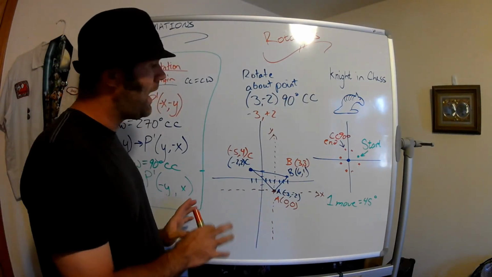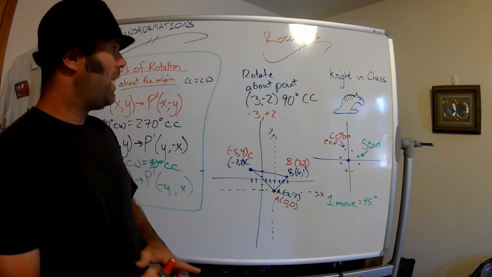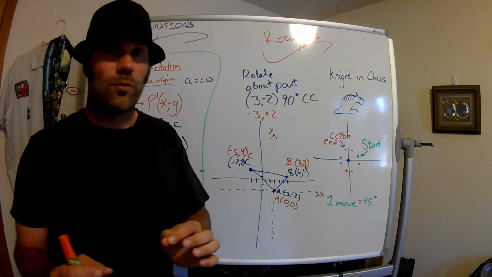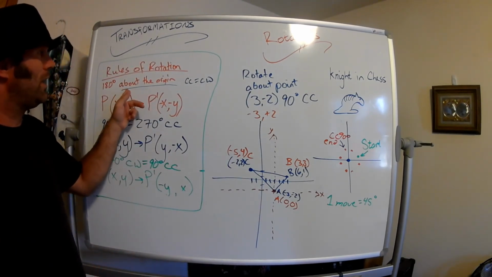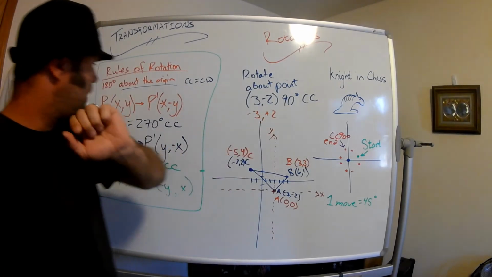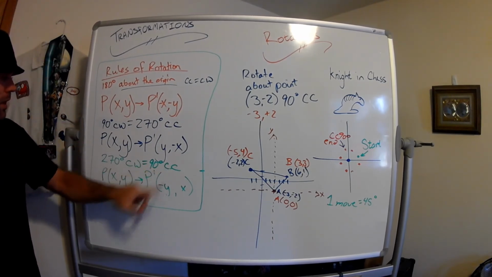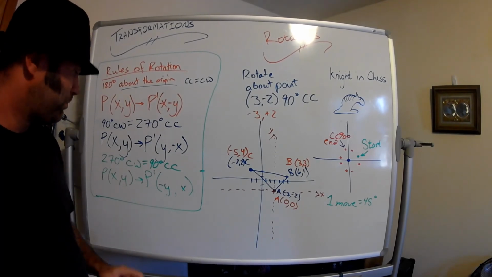Okay, so now we can rotate those 3 new points about point (3, -2), which happens to now be (0, 0). We can now use our rule because we're now rotating about the origin. So we're rotating 90 degrees counterclockwise. So we go to our list at 90 degrees counterclockwise. (x, y) becomes (-y, x).